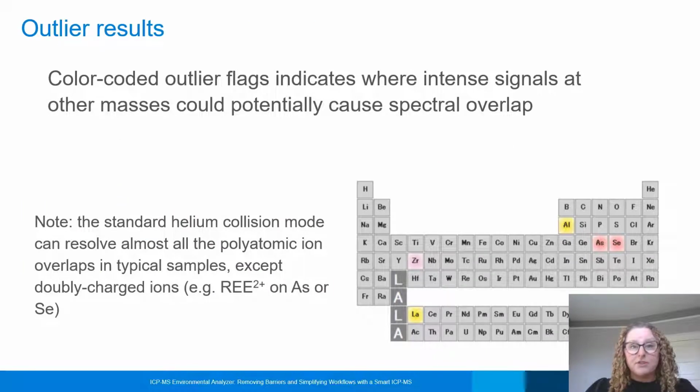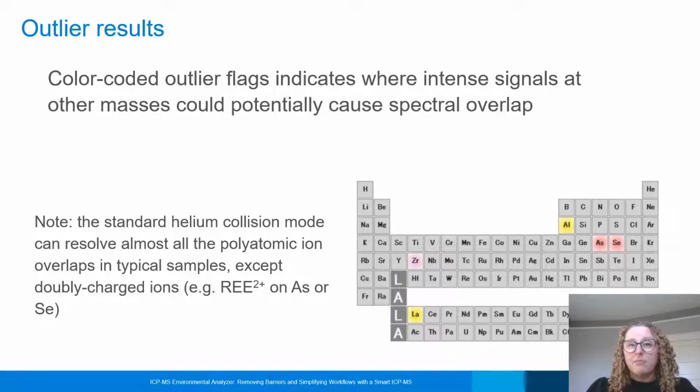Like I said, you can also do outlier results. The outlier flags are based on the relative intensity of the analyte mass and the potential interference source. So they indicate potential overlaps rather than definite interferences.